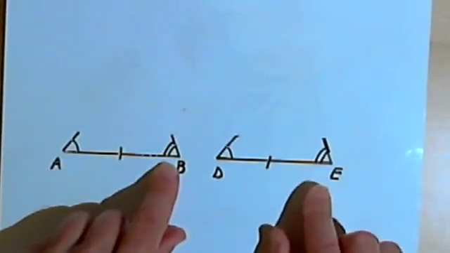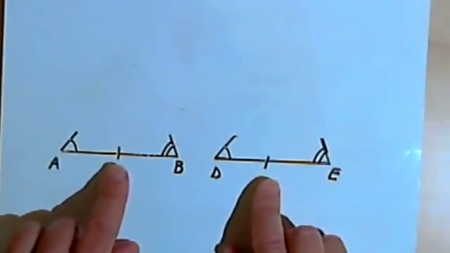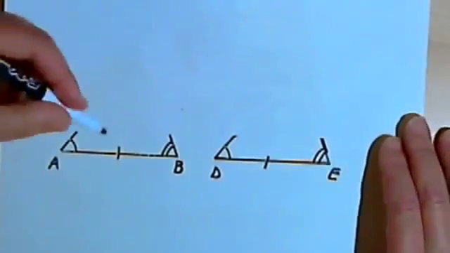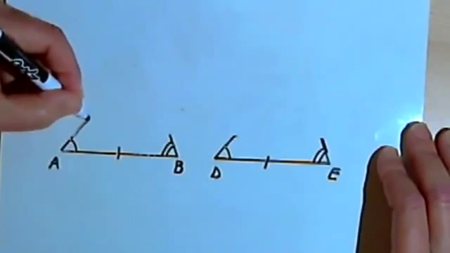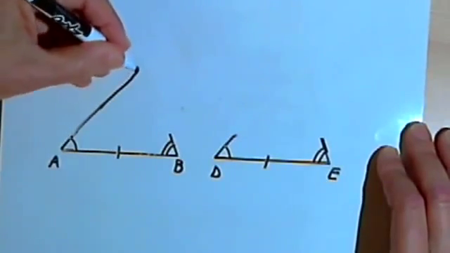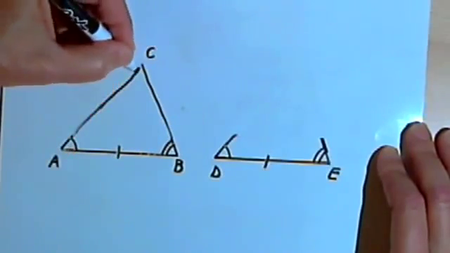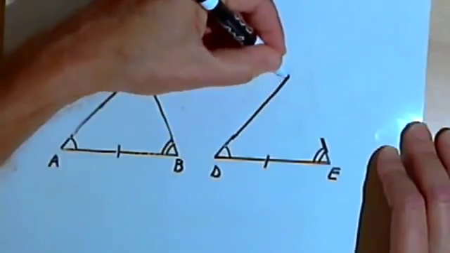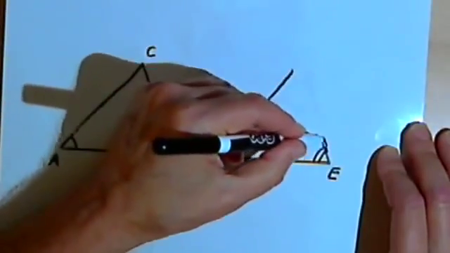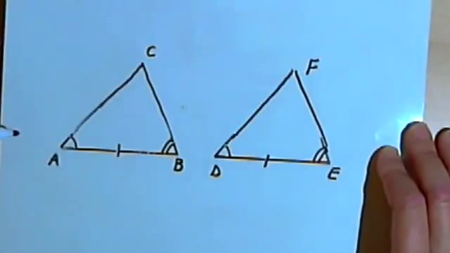Angle B and angle E are congruent, and the line segments connecting my angles are congruent. Now, if I take the rays going off of angle A and angle B and extend them, they're going to meet somewhere. I'll call the place where they meet point C. And I'll do the same thing for the ray at angle D and the ray at angle E. I'll say that they meet somewhere, and that's F.